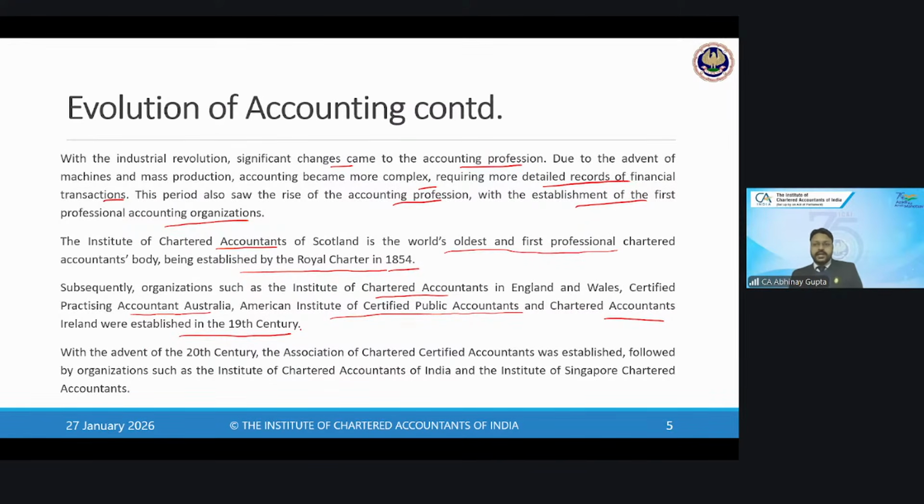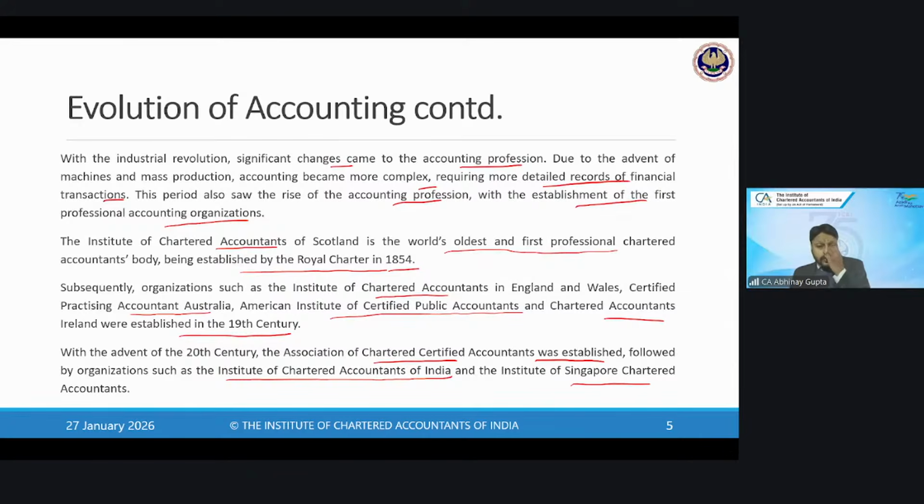So thereafter, England and Wales, Australia, America, all these countries came up with their respective chartered accountants bodies. In the 20th century, the Association of Chartered Certified Accountants was established, followed by organizations such as the Institute of Chartered Accountants of India and the Institute of Singapore Chartered Accountants. So these bodies were set up in India and Singapore in the 20th century, right?